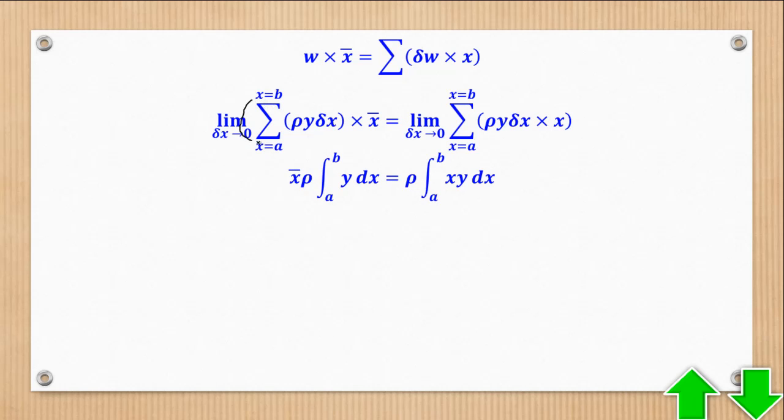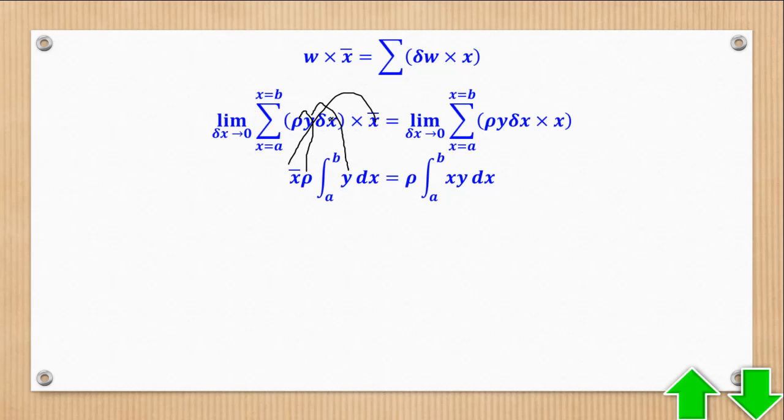Then to remove the summation sign, I think you see this limit, it becomes an integral. So in the limit as the small change in x tends to 0, this summation from here to here will tend to an integral. Then we shall remove the constants. This x bar is a constant, that's why it is out. This rho is a constant, it is out, so I remain with this y.